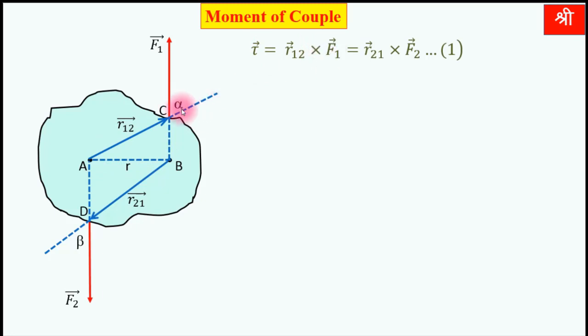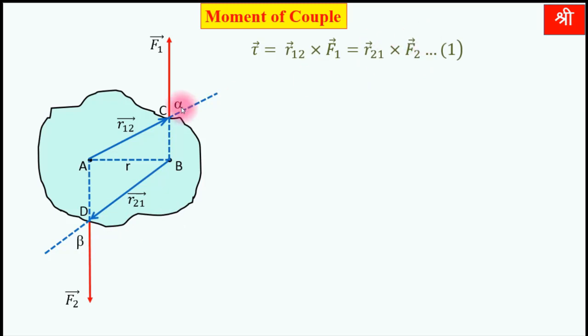And similarly, that torque will be given by another formula. This force F2 will also try to rotate this body in an anti-clockwise direction but about point B, and that torque will be given by R21 cross F2, because this position vector of D with respect to B is R21 and that force is F2.